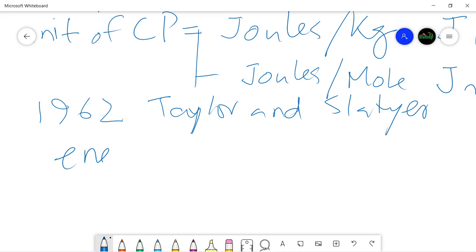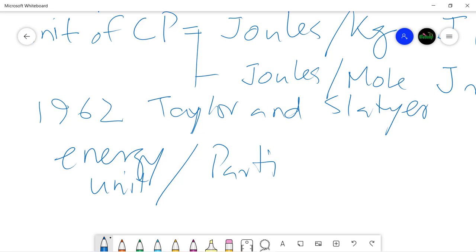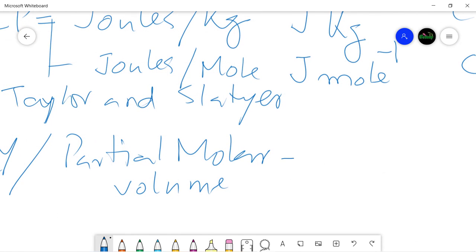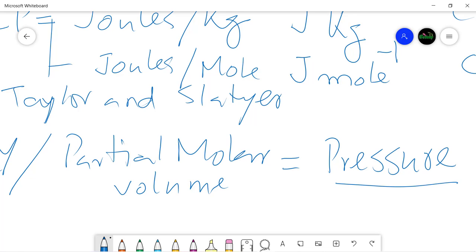So energy units may be divided by partial molar volume, and what we get is pressure units, because in plant physiology it has been a convention that for a very long period plant physiologists have been using the term pressure, especially as far as water is concerned, or osmosis is concerned, or movement of water from cell to cell, or in the osmometer.